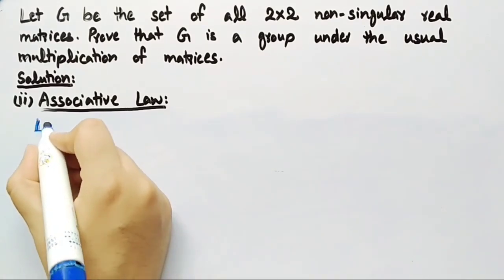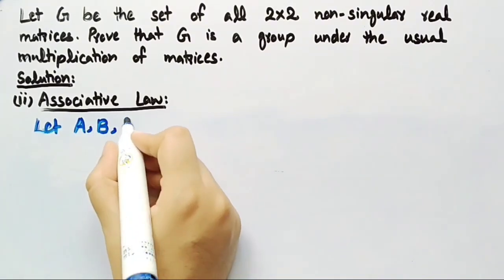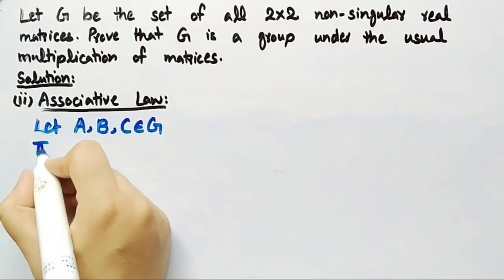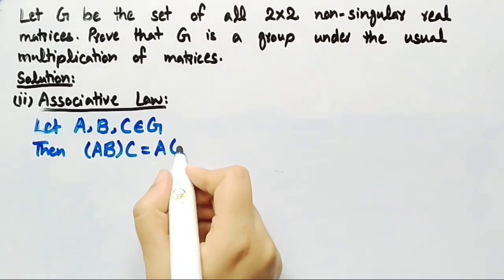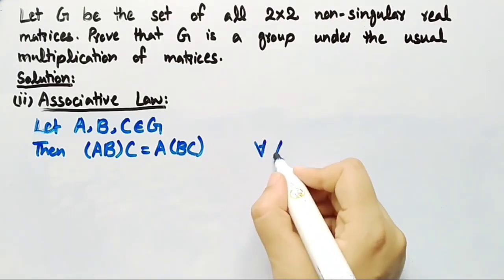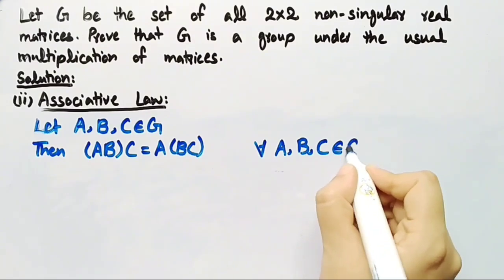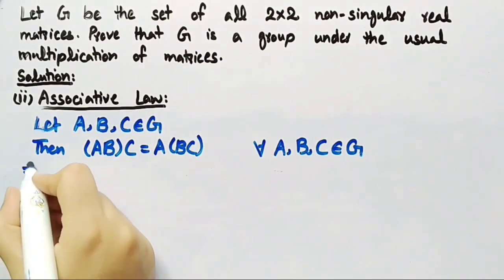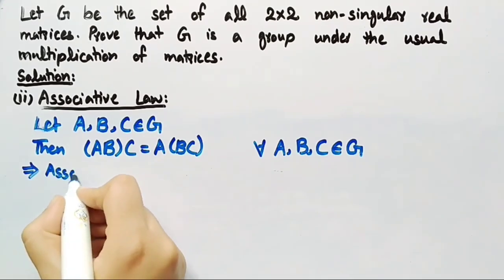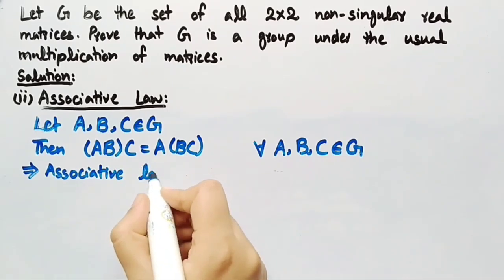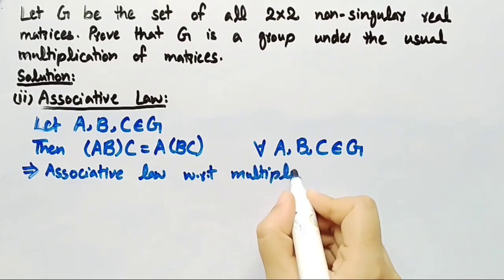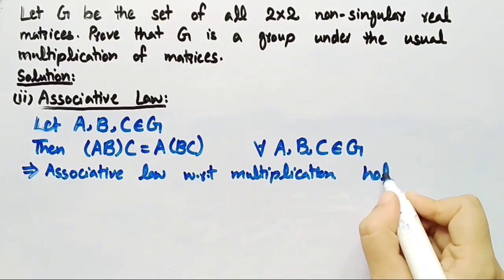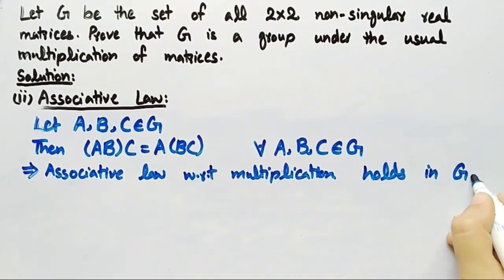So if we take any 3 matrices from G, then A, B into C is equal to A into B, C for all A, B, C belong to G, which implies that associative law with respect to multiplication holds in G. So second axiom of group is also satisfied.